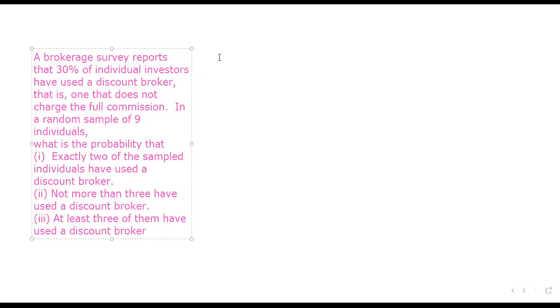So let's actualize now this question that has been asked. A brokerage report shows that 30% of investors use a discount broker that does not charge full commission. In a random sample of 9 individuals, what's the probability of exactly 2 individuals using discount brokers? Not more than 3? At least 3?